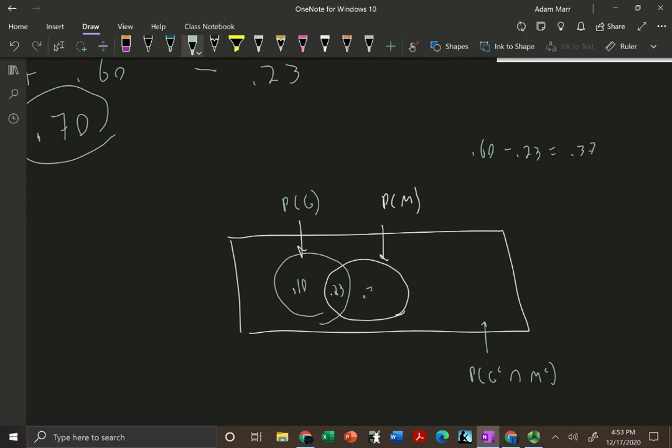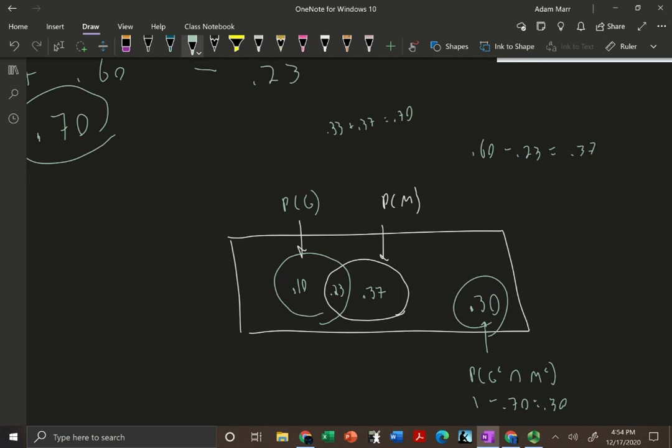So there we go. All right, so what do we have left over? If we add all of this up, 0.33 plus 0.37, remember we get our previous answer, which is 0.70. So what's left over right here is going to be 1 minus 0.70, which is 0.30.